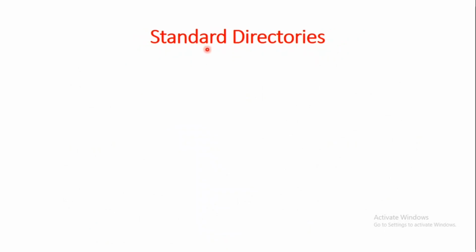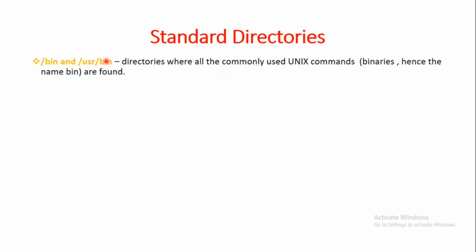Now let us look into the various standard directories in the Unix file hierarchy. First one being bin, and bin under the directory called user, okay. So in this directory name, the first slash represents the root directory, under which there is a directory called user, and the next forward slash represents the delimiter.